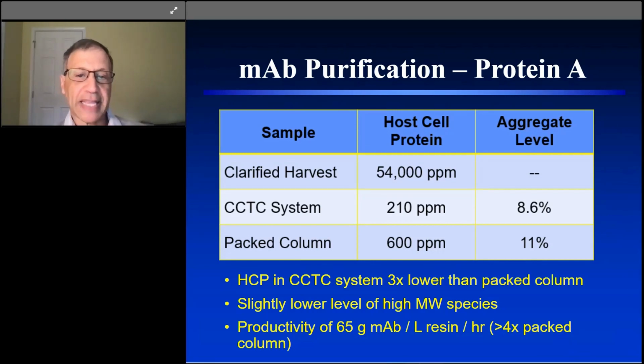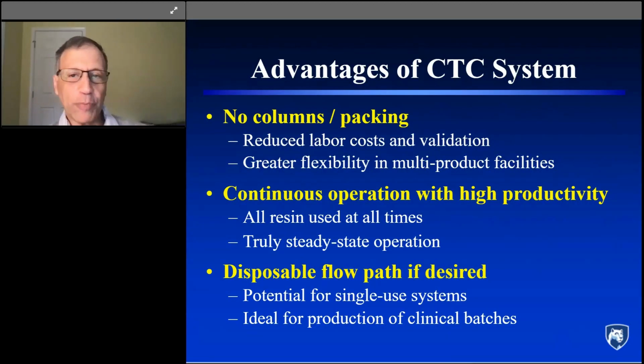More significantly, the productivity of this continuous process was more than 4 times greater than that for a column system because all of the resin was in use at all times. There are numerous advantages of this system. There's no columns in packing, and thus there's reduced labor costs and reduced validation costs.